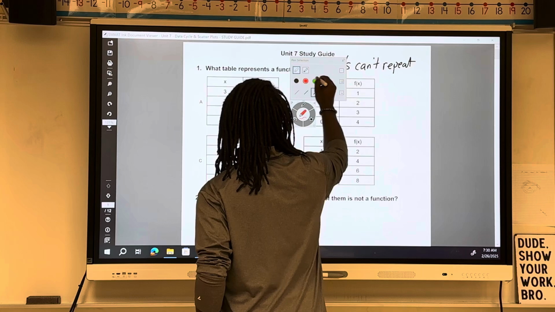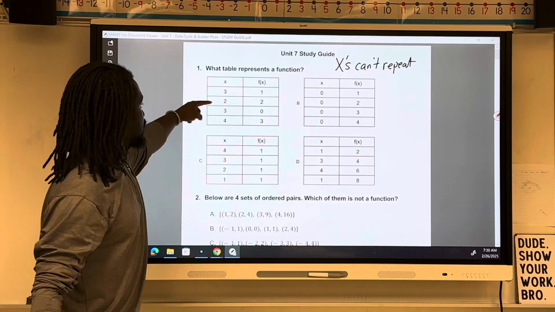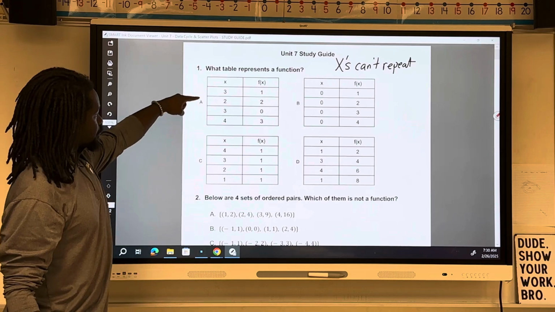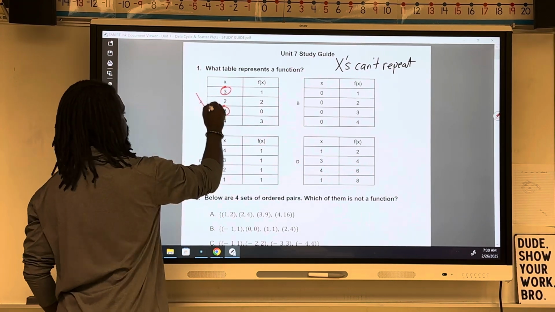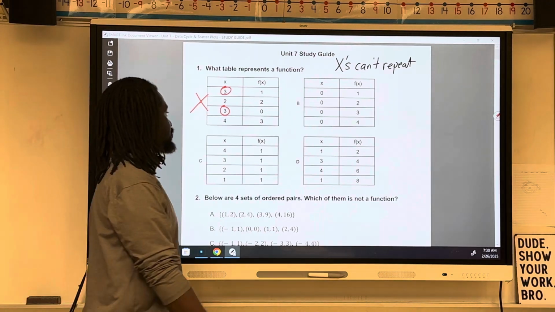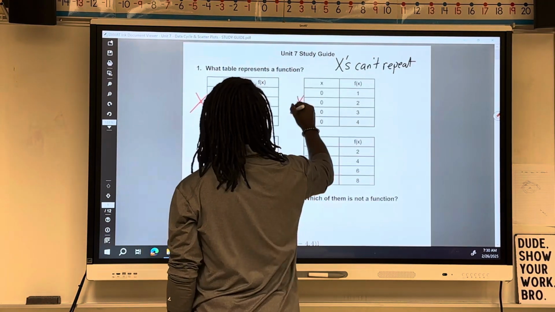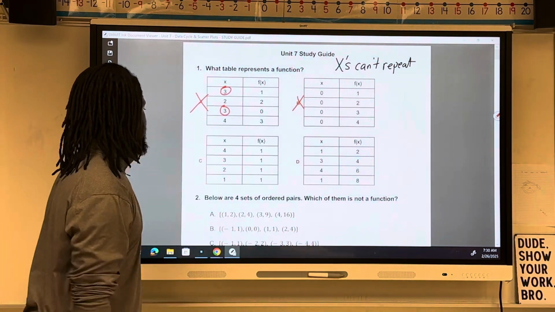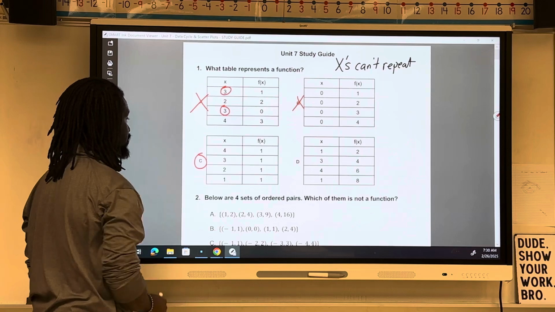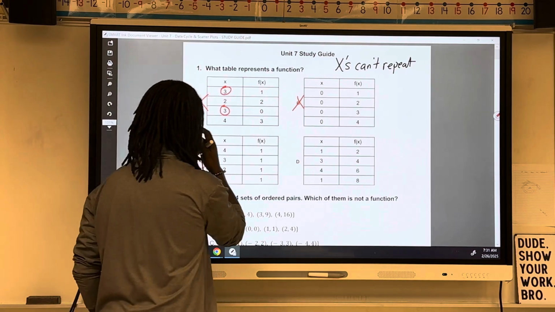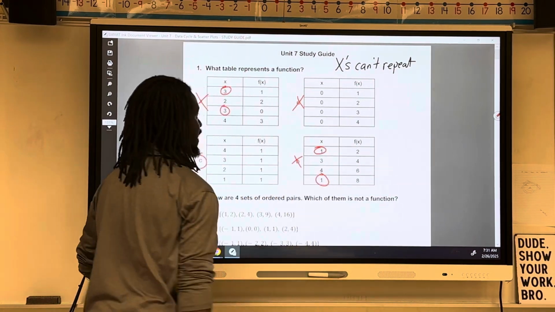In A, it is not a function because those two threes repeat. In B, it's not a function because the zeros repeat. C is a function; none of the numbers are repeating. And in D, it's also not a function because you have the ones that repeat.